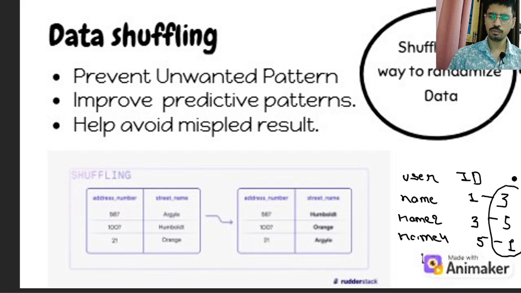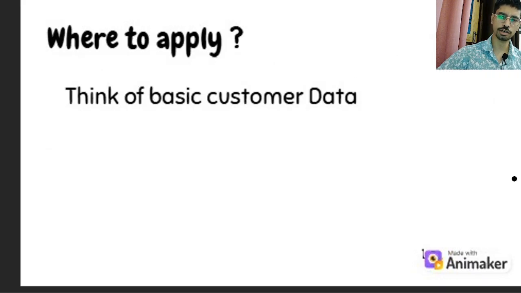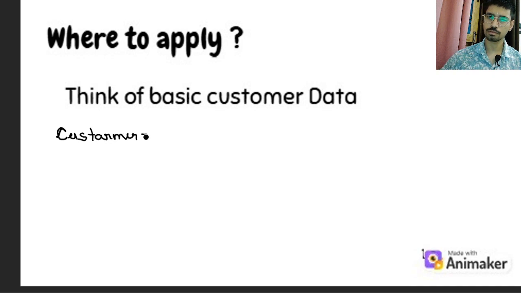Now let's move further and understand a real-life example of traditional data. Let's think of basic customer data. That's a customer ID, which is 1, and the name is a user.